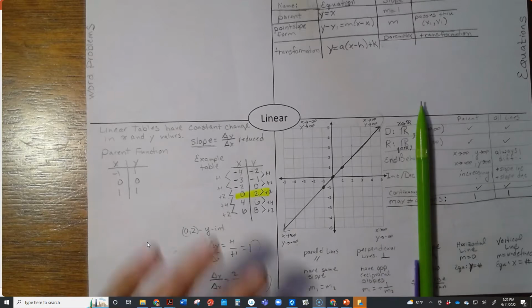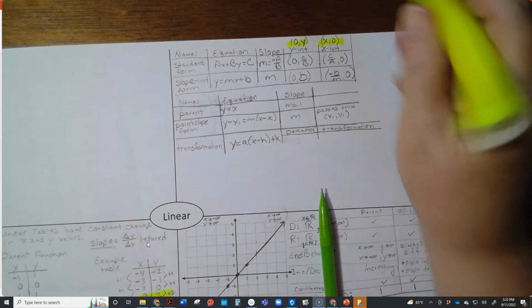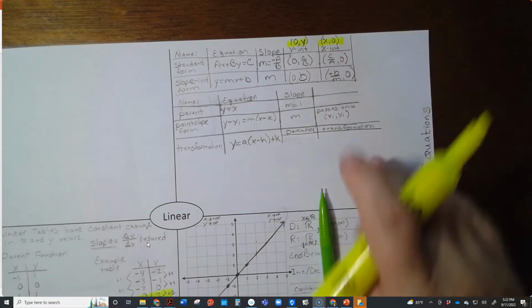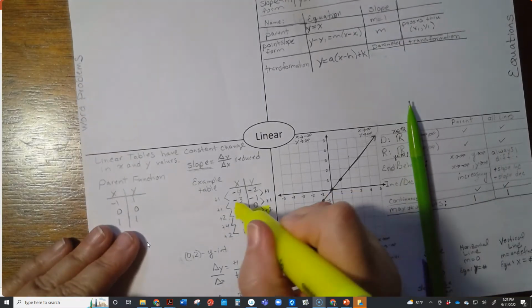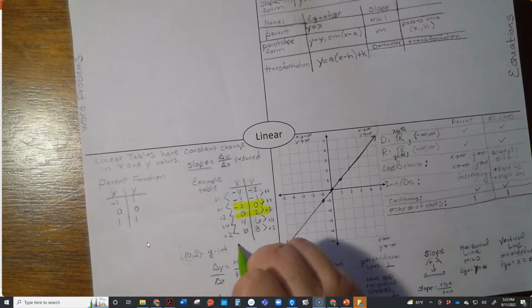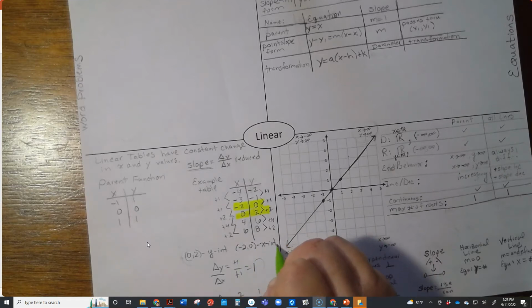And then very much like the other one, for my x-intercept, if I see an x value and a 0, that is my x-intercept. So -2, 0 is my x-intercept.